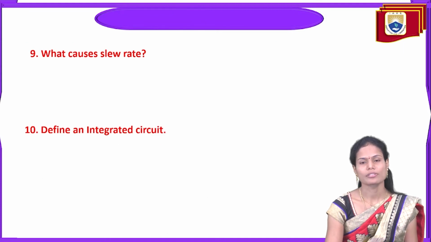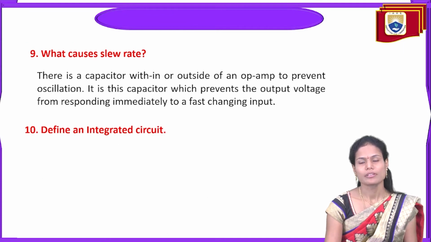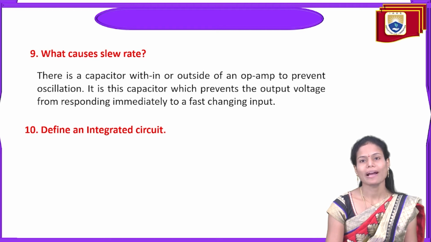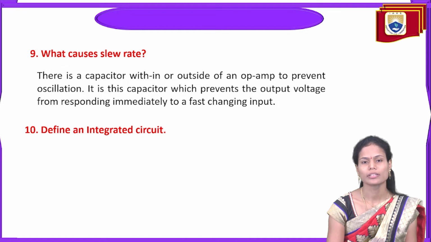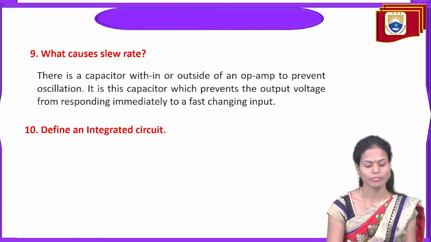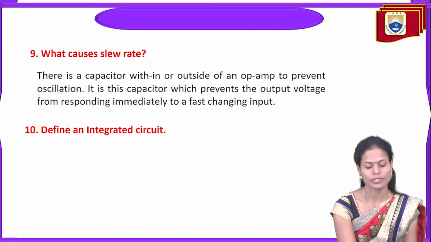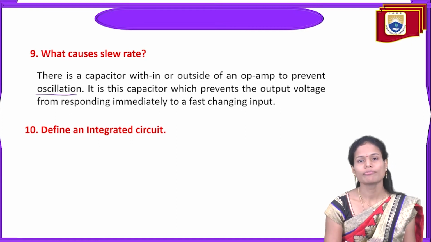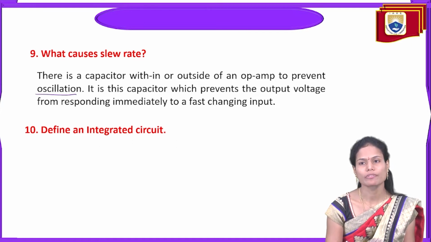Next, what causes the slew rate? So here, the capacitor which is present in the output circuit of the operational amplifier is the cause of the slew rate. This capacitor, within or outside of the operational amplifier, is there to prevent oscillation. It is this capacitor which prevents the output voltage from responding immediately to a fast changing input.